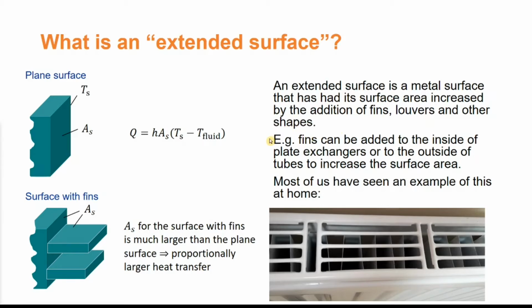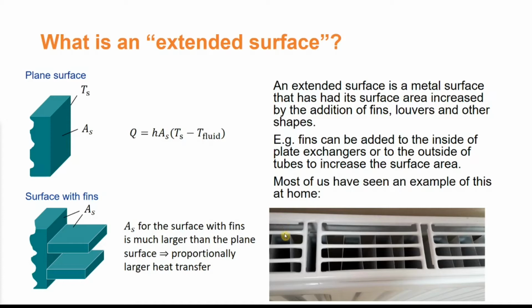A plate fin heat exchanger, for example, has extra fins between the plates to increase the surface area significantly. Air coolers have fins on the outside of the tubes to increase the surface area in contact with the air.